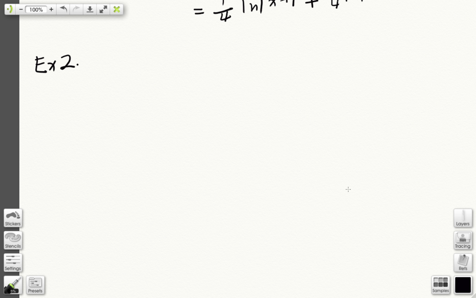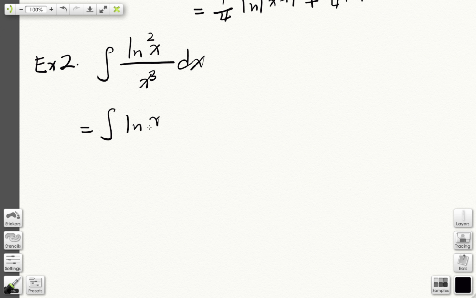But for this exercise, the integral of ln of x squared over x cubed dx. So I like to rewrite it as this, since it's prettier.